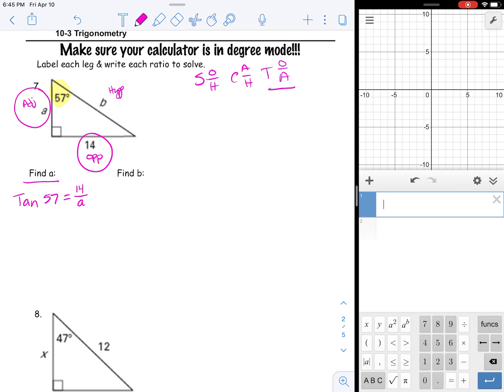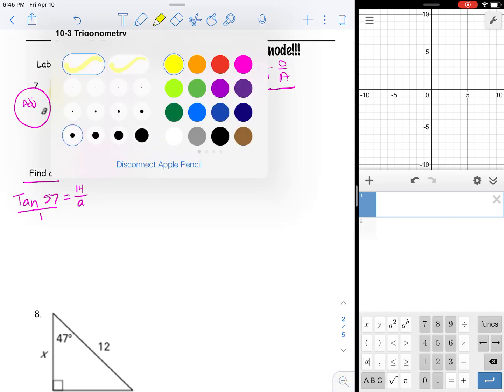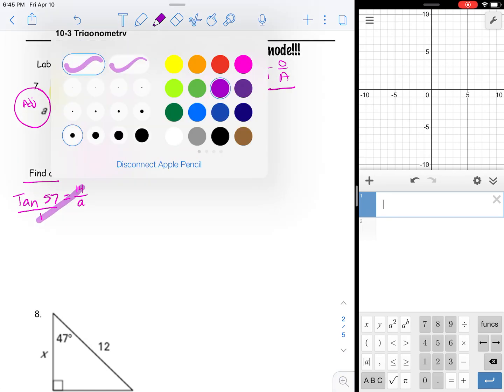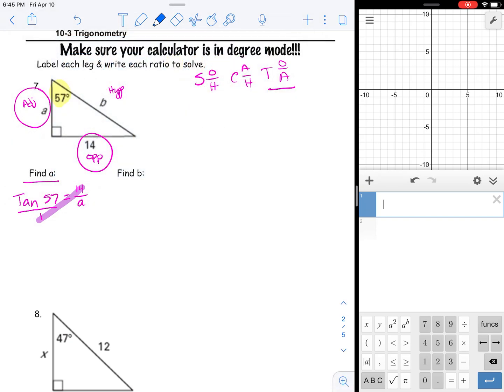The next thing I like to do is to put the tangent 57 over 1 so that I see it as a proportion. People are really good at cross multiplying. So I'm going to think of it as cross multiplying. 1 times the 14 there, and then the tangent of 57 multiplies with the A. So you cross multiply, and you get A tangent 57.